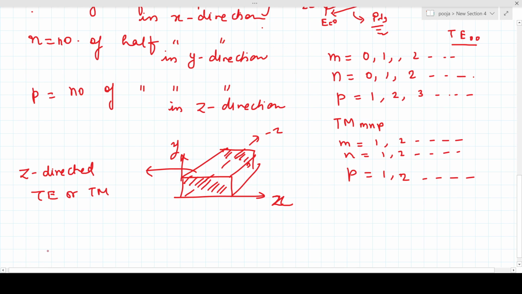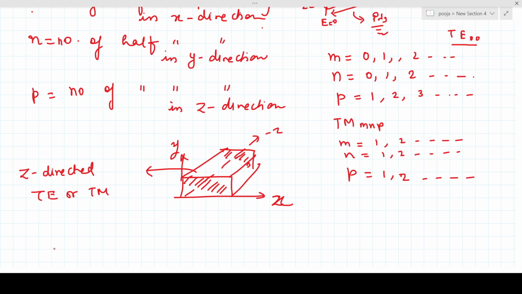Now one could argue that x equal to 0, x equal to a is a metallic enclosure, y equal to 0, y equal to b is a metallic enclosure. So there may be standing waves forming within this structure also.